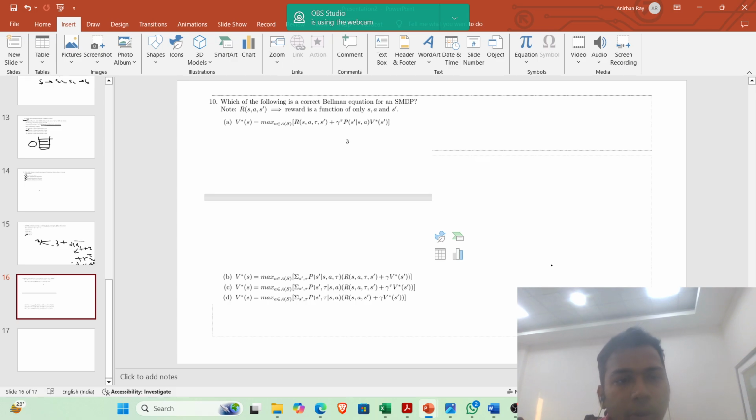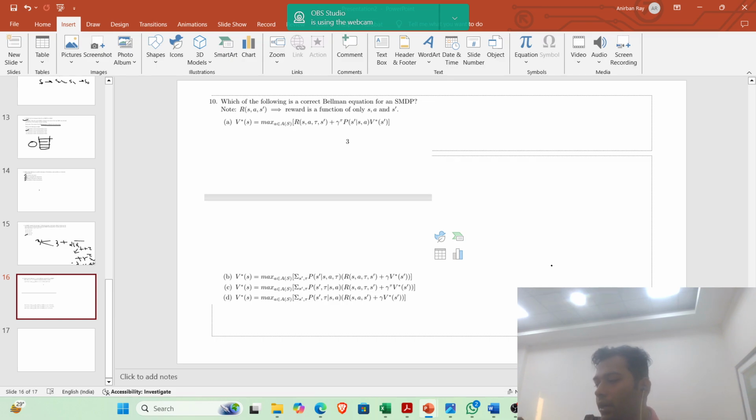Moving on to the next problem, which is: which of the following is the correct Bellman equation for an SMDP? So you must understand gamma to the power tau is a very important factor here, which is not present in the Bellman equation for the conventional situation.